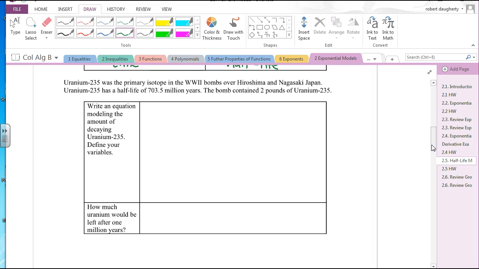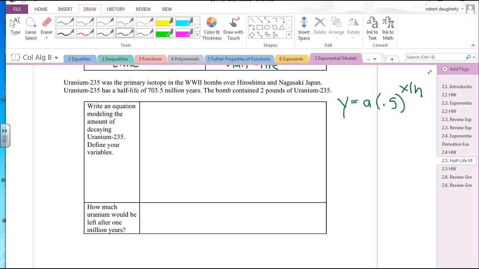Write an equation that models the decaying uranium-235. Okay, so the formula we're using is our half-life formula. Y is the future value, A is the initial value, 0.5 is just 0.5, X is my time, and H is my half-life. Okay, so I'm just going to have to figure out which of these things go where.